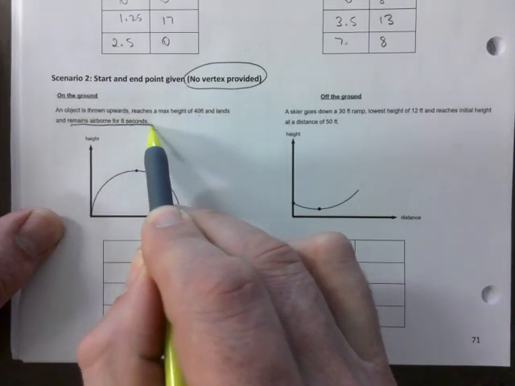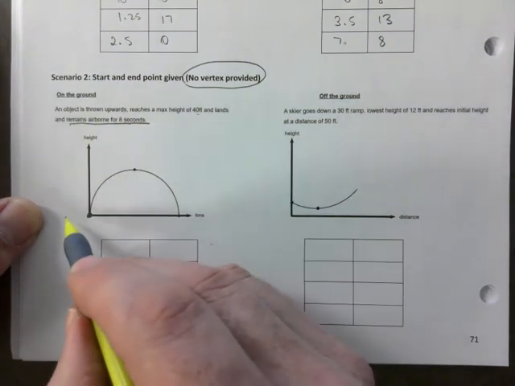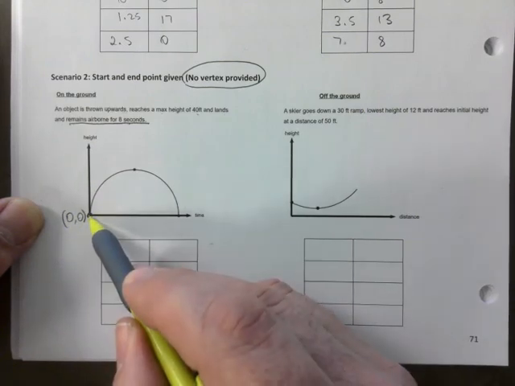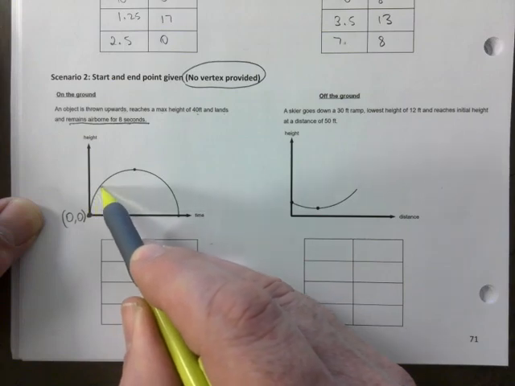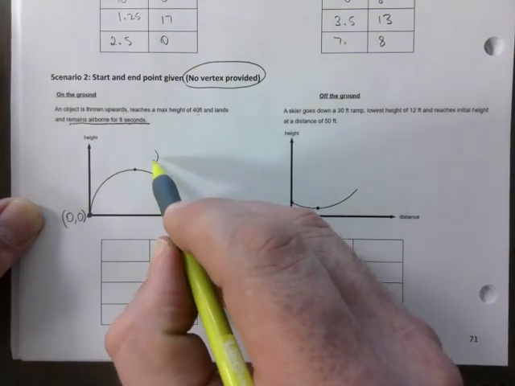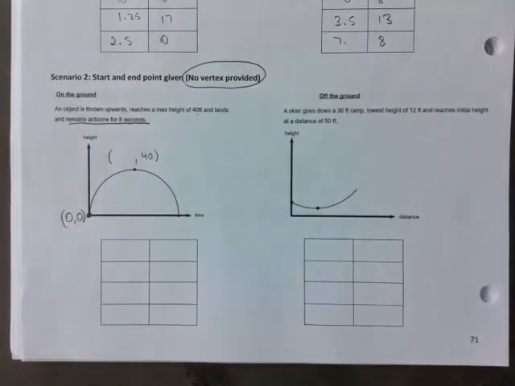So this point right here, based on this context, we're assuming we're starting right on the ground. This gets the projectile, the object is reaching the maximum height, which we know is 40, correct? But we don't know the time just yet. We don't know how long it took to get there.